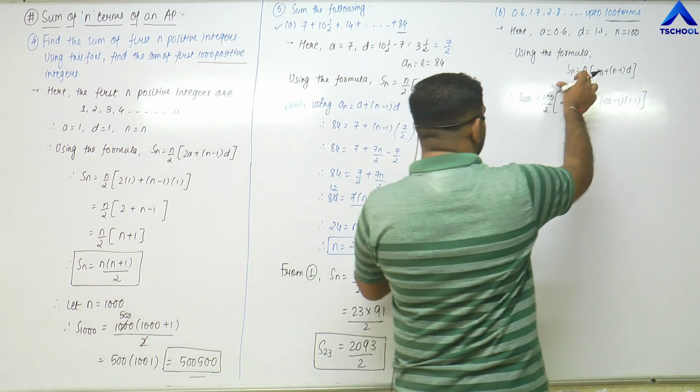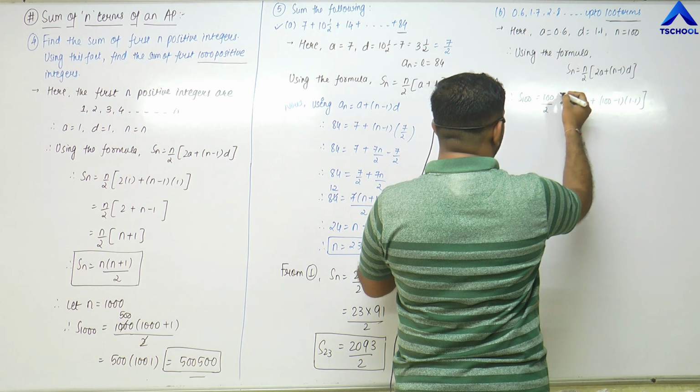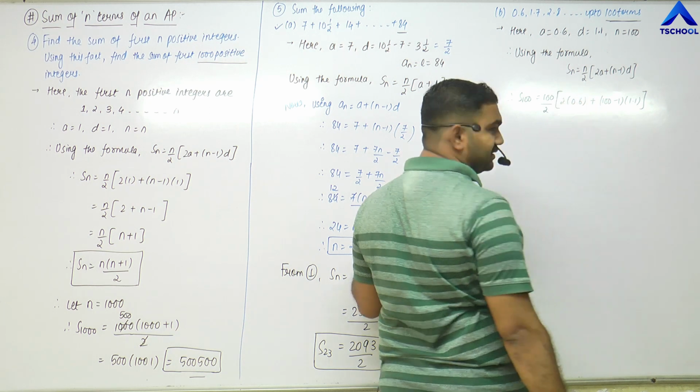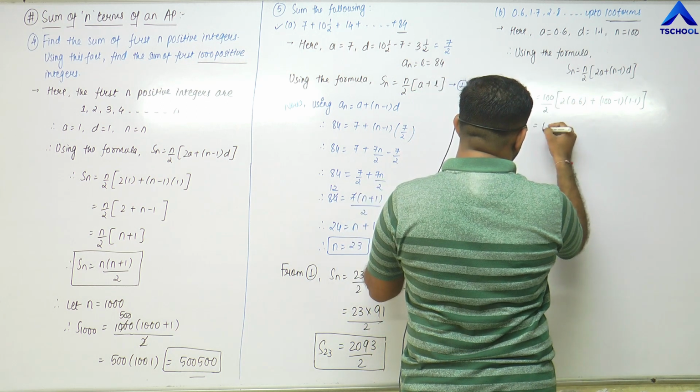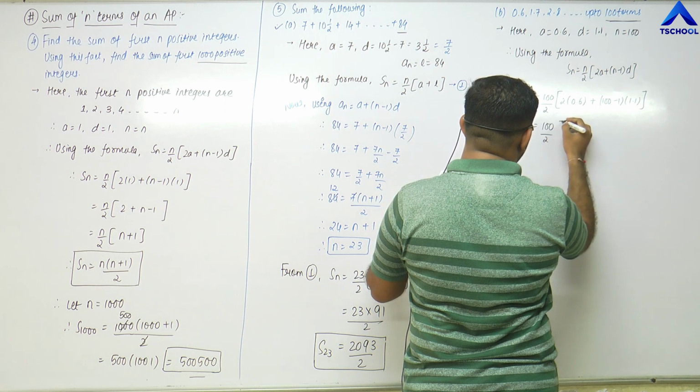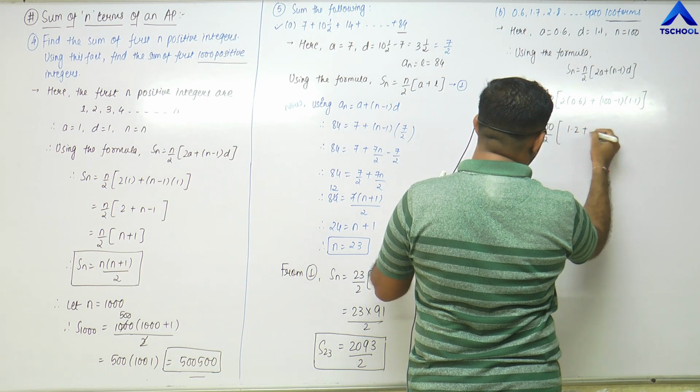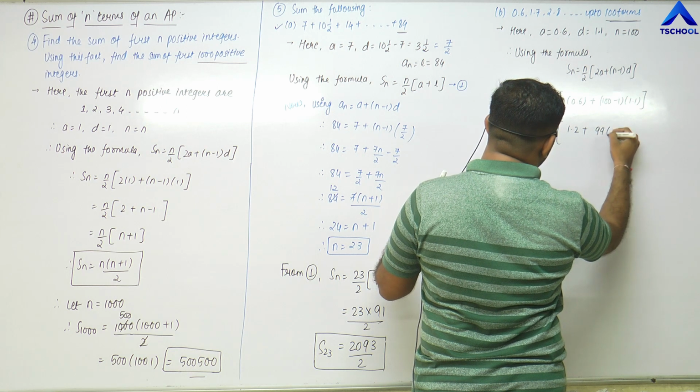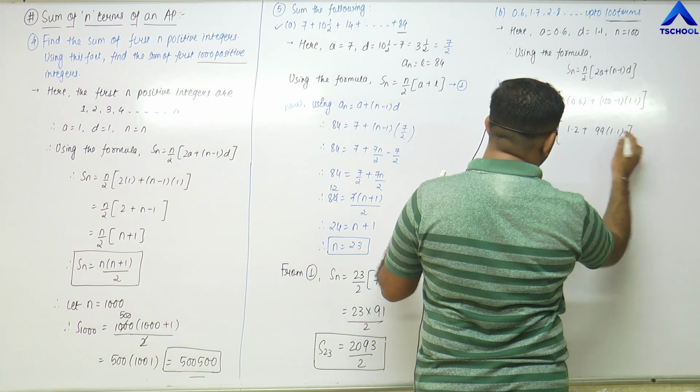So the simplification will be somewhat difficult if you feel like this. That is equal to 100 by 2 into 1.2 plus 99 into 1.1.